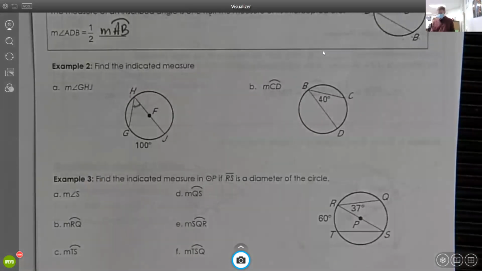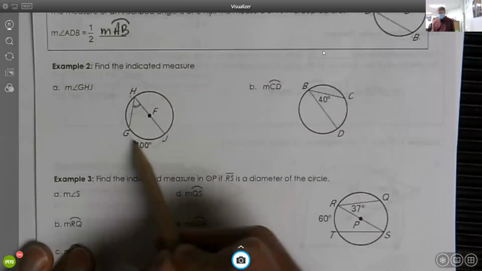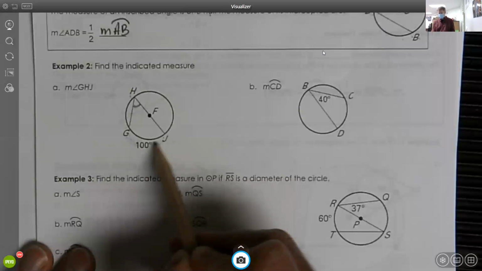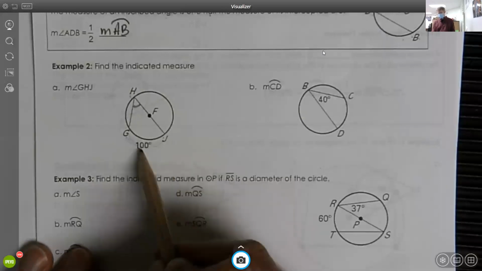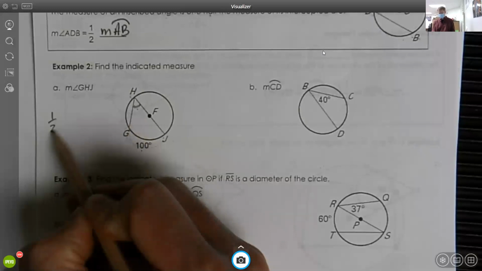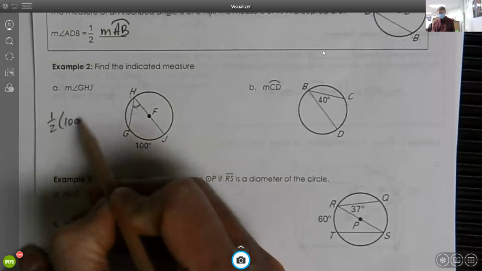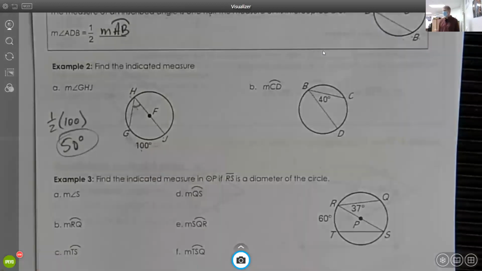It touches G and J, and the arc measurement is 100 degrees. So the angle is going to be half of 100 degrees, so we have 50 degrees for the angle.